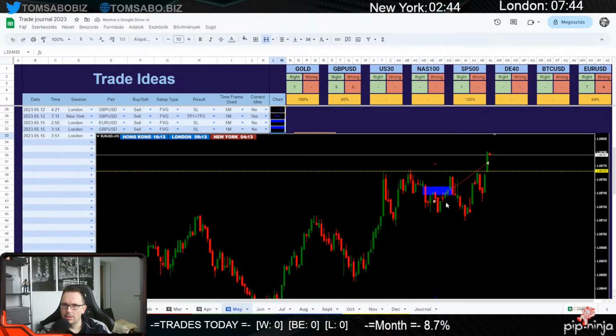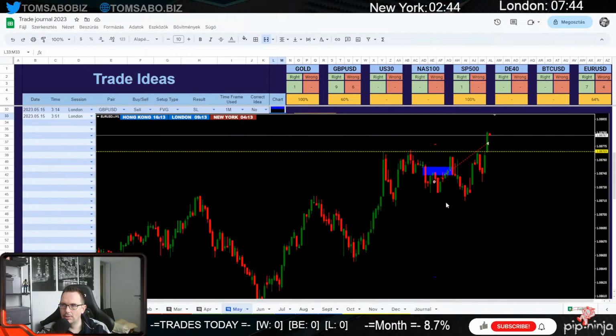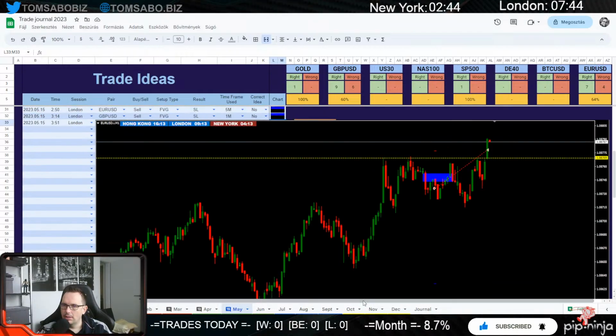And this was still in London session, on the euro dollar, same scenario. You can't see it on this, but we already had a high point before, and I thought that this little bit of a wick here was enough to grab some liquidity and then go down.